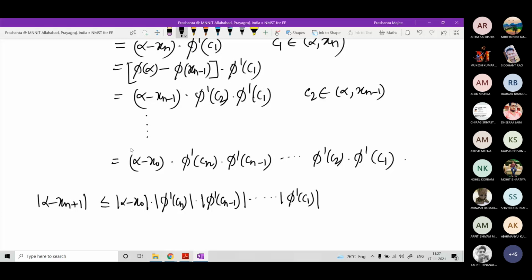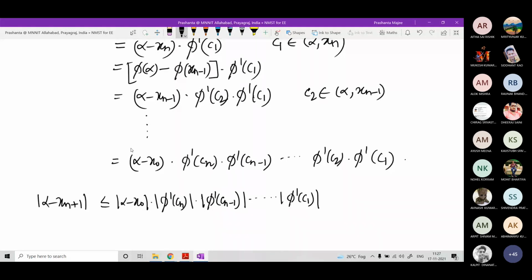So you suppose that these are derivatives of the phi function in the open interval a, b, is it not? You also assume that the derivative of the phi function in the open interval a, b is bounded by k.